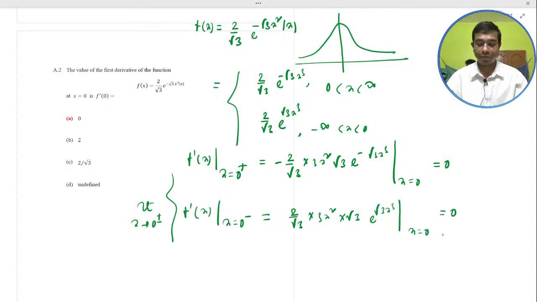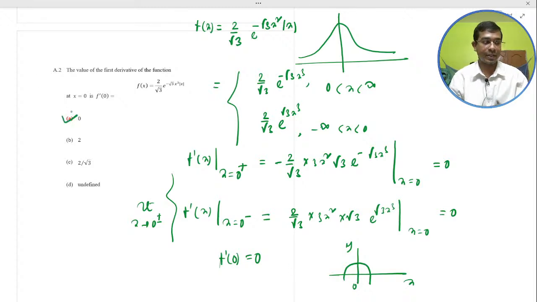This would also become 0. Thus f dash 0 would be 0. Basically, this is y, the origin and the x. f dash 0 would be 0, the correct answer. Option A is correct. Next, go ahead.